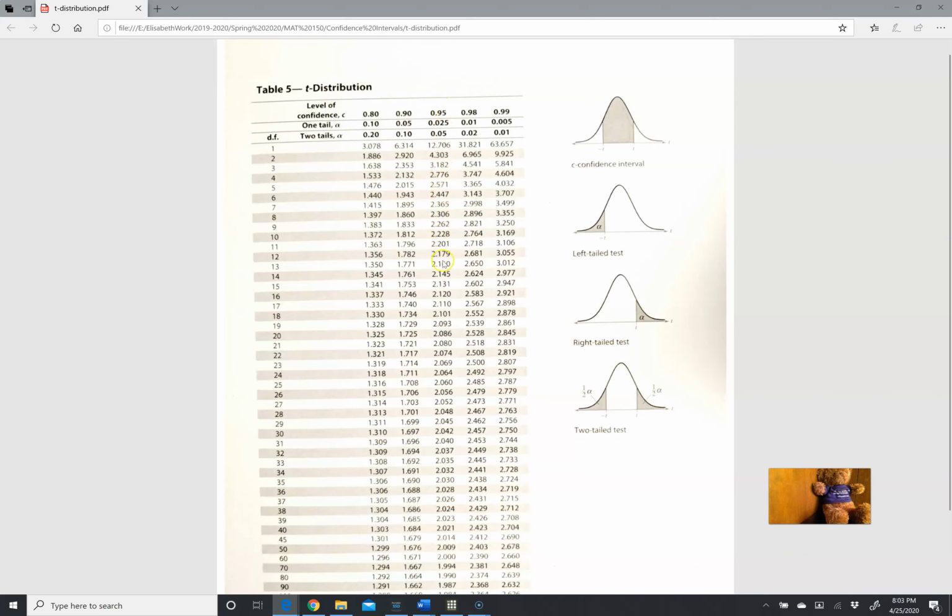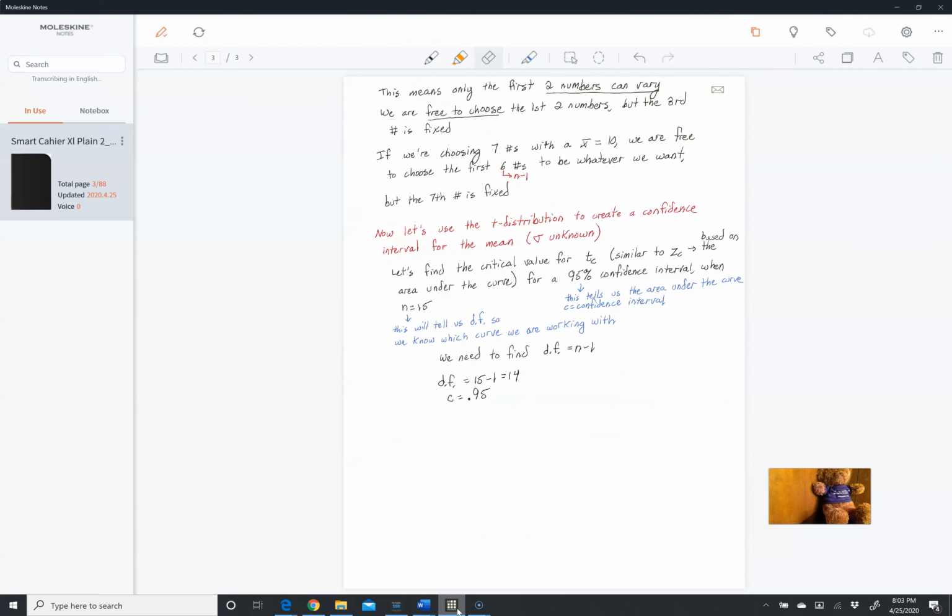So if we go to the 0.95 column, and we look at the row that says 14, we get 2.145. So that's our critical value for t, 2.145. How did we get this? We got it from the t-chart.